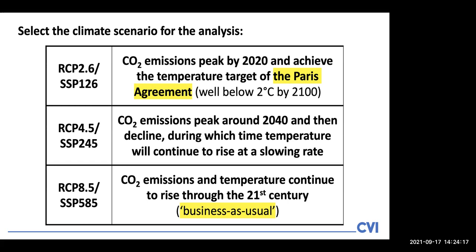The second of those climate scenarios is often referred to as a stabilization scenario. In this, CO2 emissions will peak around 2040, 20 years from now, and then they'll begin to decline. It's important to note that even during that period of decline, the temperature will continue to rise, but at a slowing rate.